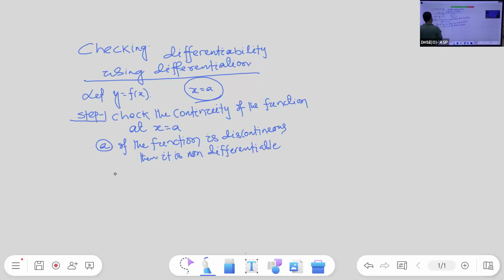Second, if the function is continuous at x is equal to a, then come to step 2: find f dash x.